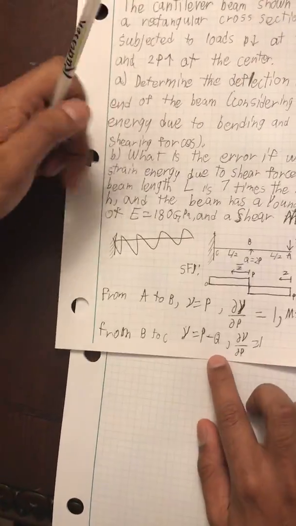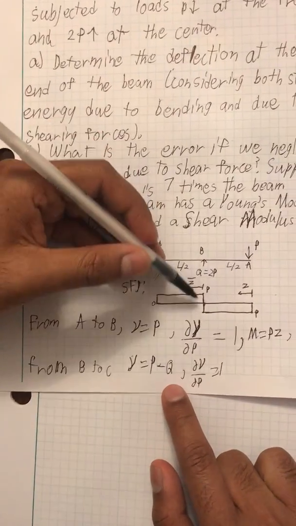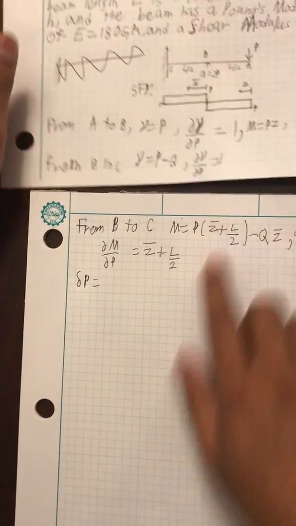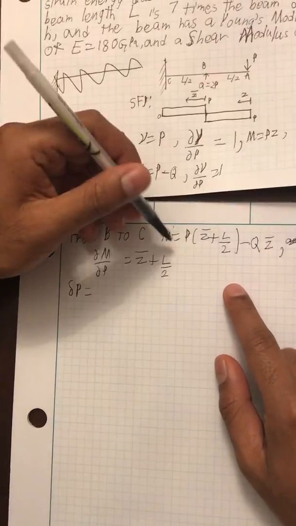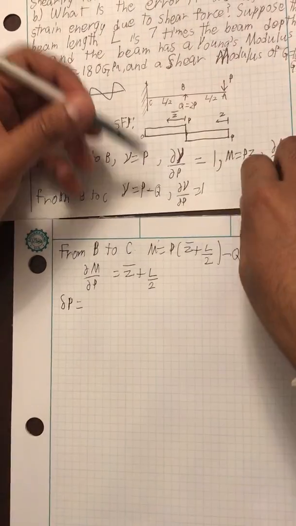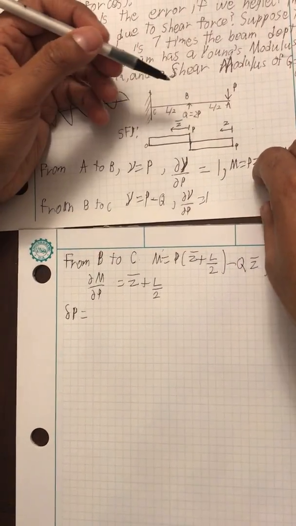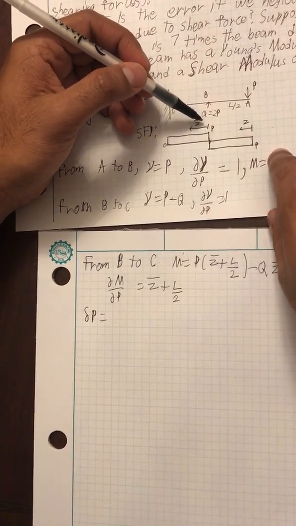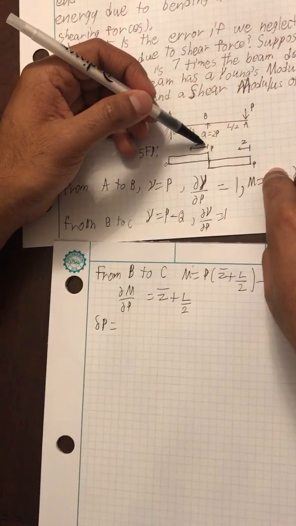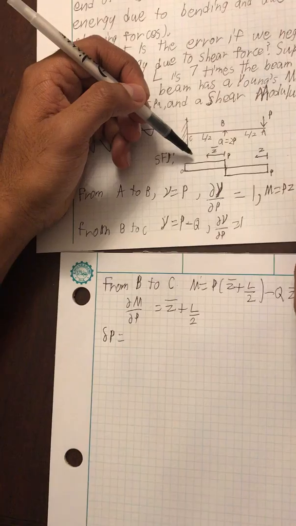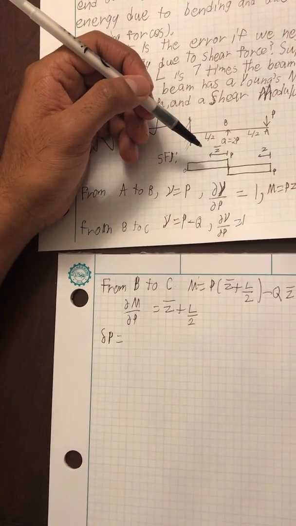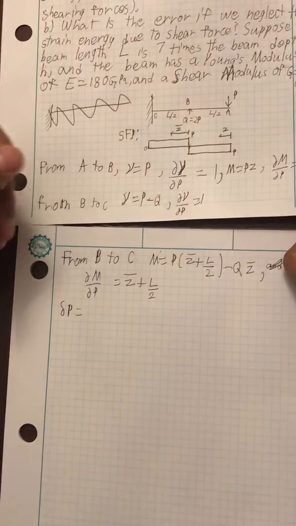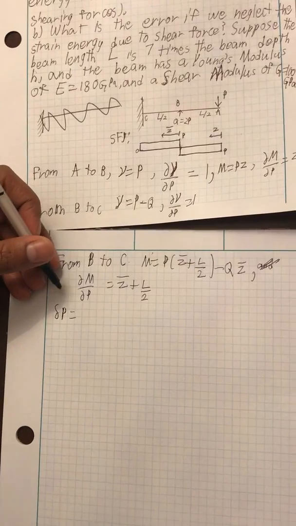For here, the shear is P minus Q, because Q goes in the opposite direction as P, and dV over dP equals 1. Then for B to C, the moment takes Z bar plus L over 2, times P, and subtract Q Z bar. Then you just take the derivative of that, if that makes sense.